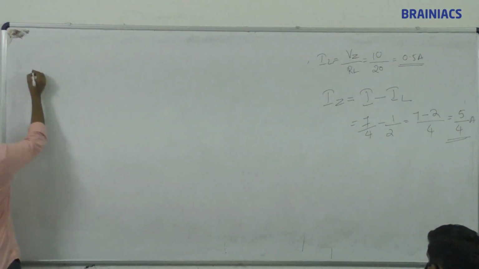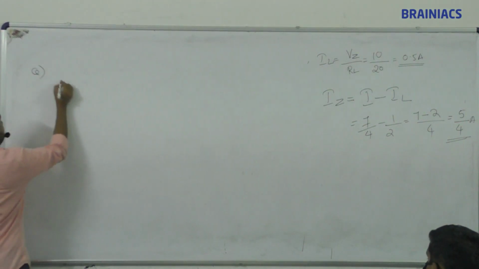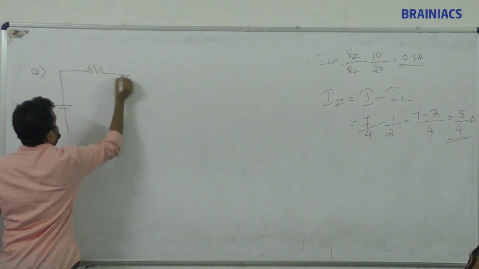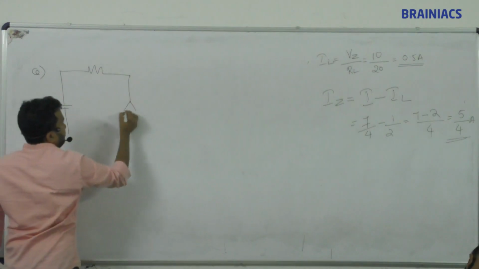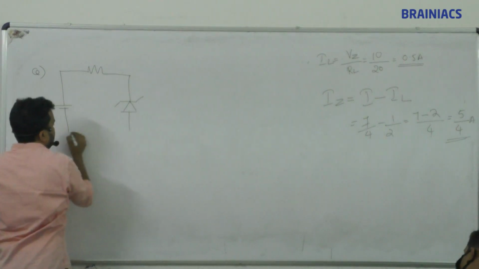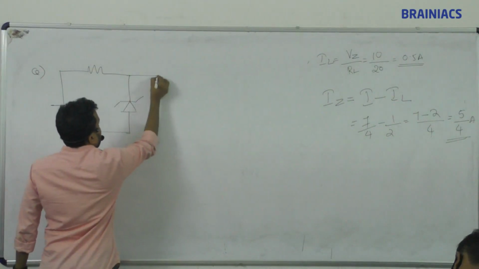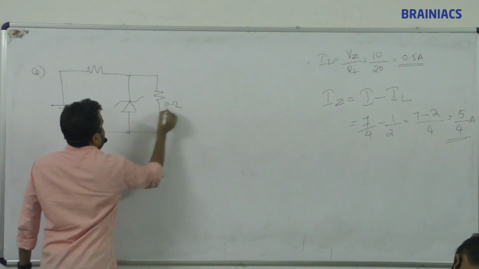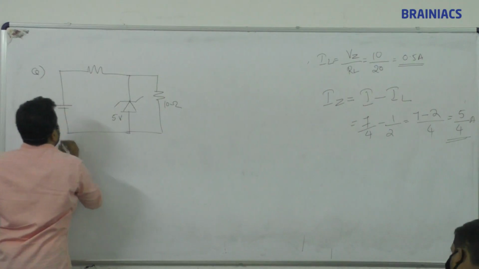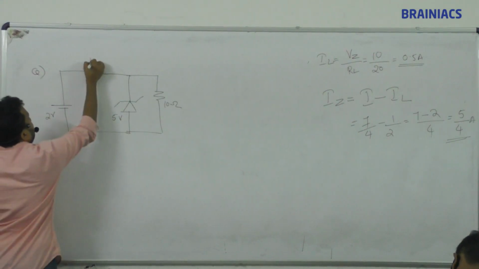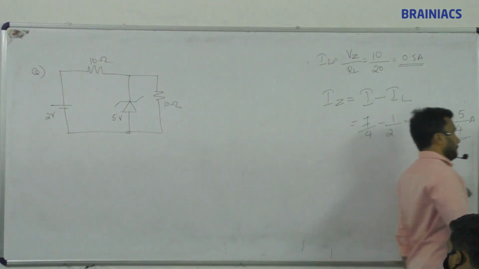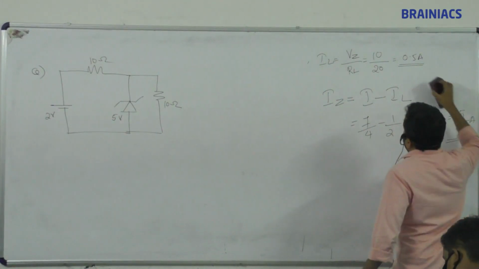Okay, current through the Zener diode is dash. Zero. Which case?